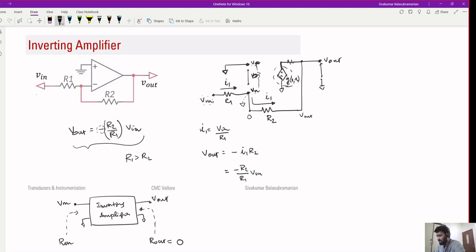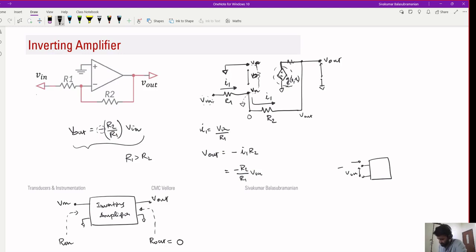What about the input impedance then? How do you find the input impedance? See, the input impedance is simply the voltage at the input terminal and the current that is flowing into the circuit from your input source.